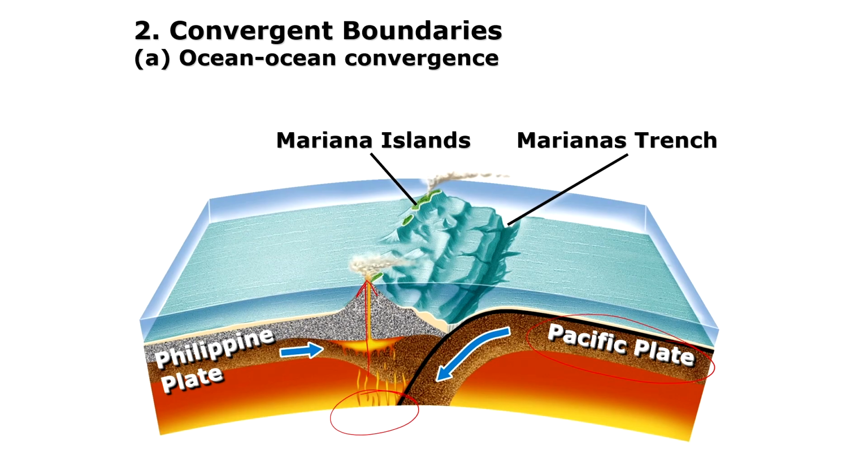So, another feature which we discussed was that the deepest portions will be developed here, where the two plates are meeting, that is, one is subducting below and another is overriding. Okay. And the most important landform which we just saw, that is 11,035 meters, is your Mariana Trench.